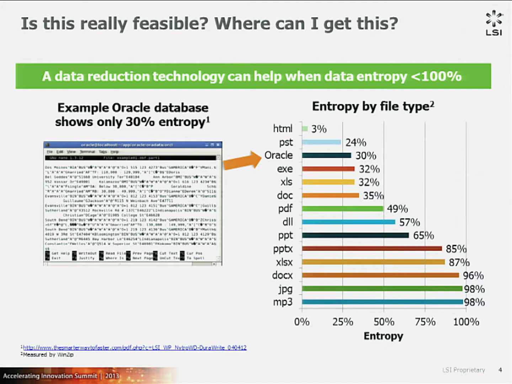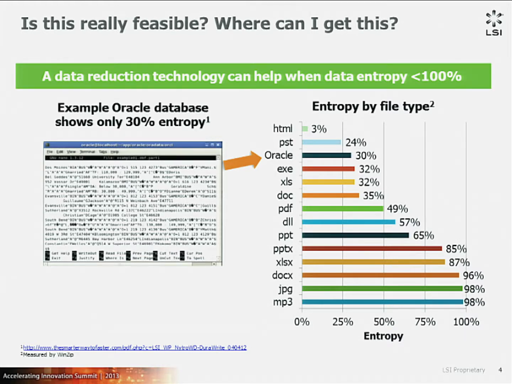So if we look at other file types, you can see here the Oracle came in at about that 30%. As your percentage increases, it essentially indicates less and less compressibility. So as you get to the typical JPEGs and MP3s and those types of files, they're already compressed a lot, and so their entropy is very high.